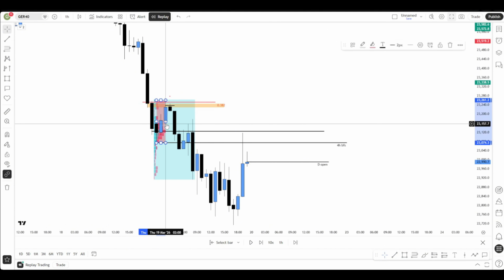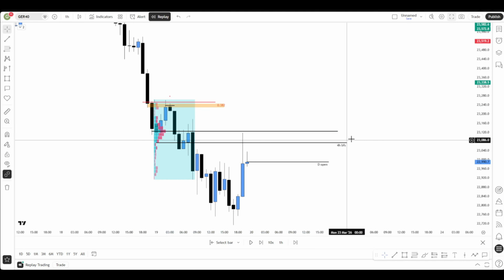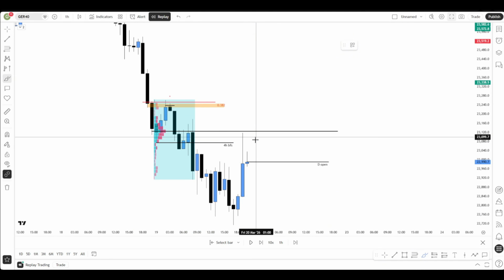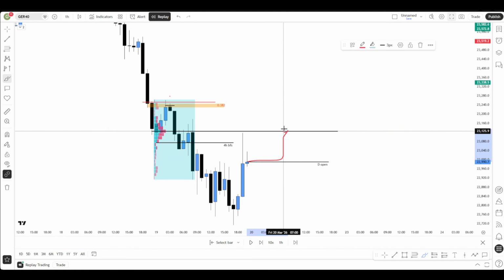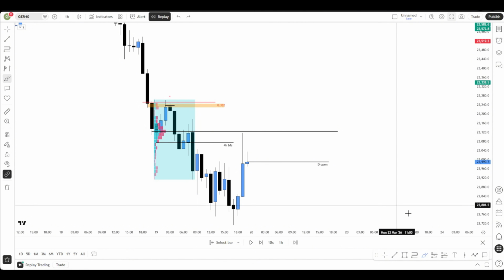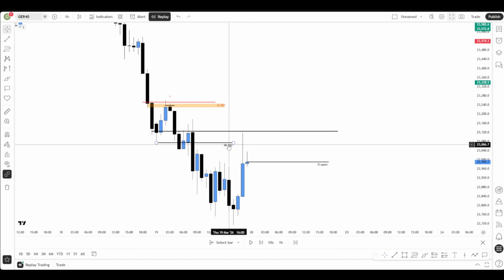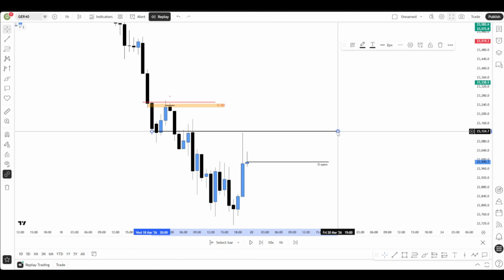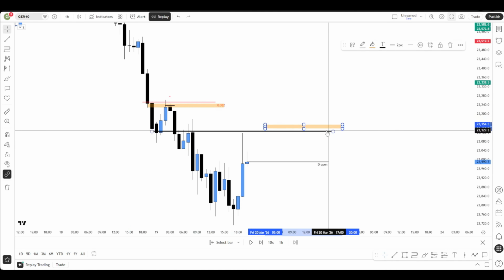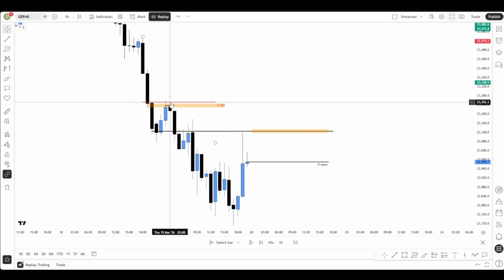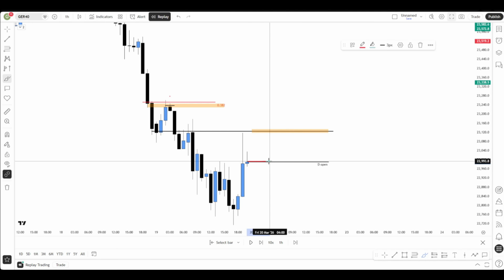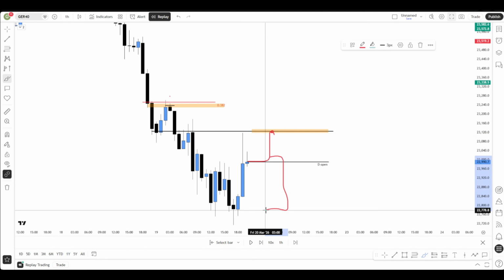Instead of this whole 4H level, we just have this small precise continuation level. Wait for price to tap into this level and go lower, and it's exactly what I sent to Discord. Now we can just remove this zone, this 4H buy before sell, and we have this continuation level, same thing as the one before. So now all we have to do is wait for price to create a wick into this level and continue much lower.